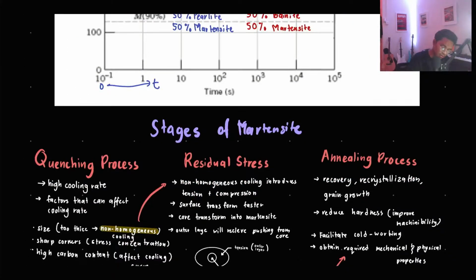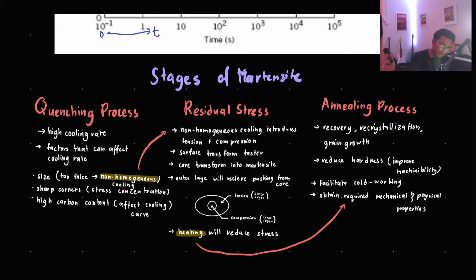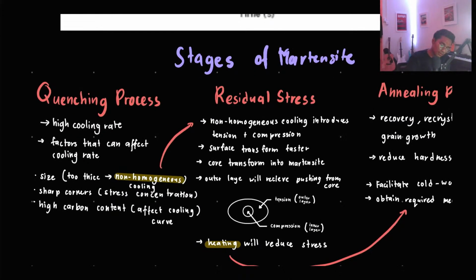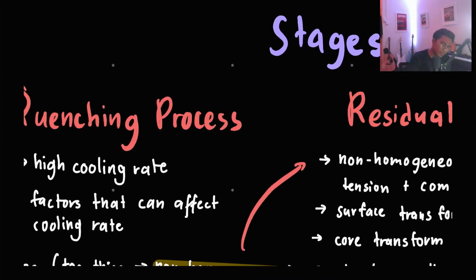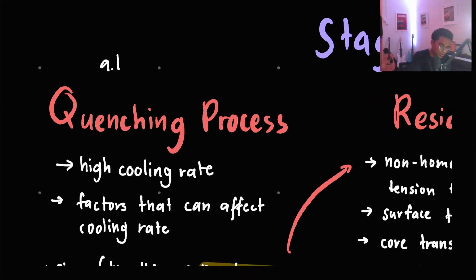So these are the stages of martensite. So you have the quenching process. Quenching process is the cooling process. You can cool it by water, you can cool it by oil.